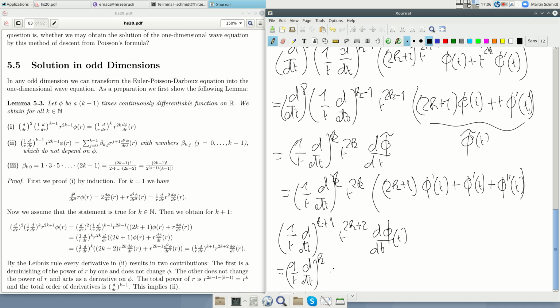So we have times 1 over r, and now we can calculate the derivative.